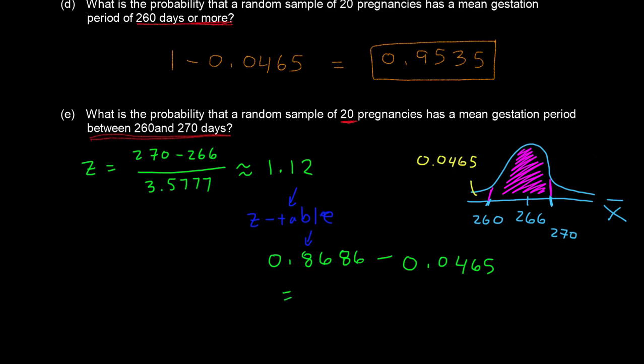So doing this subtraction, we get 0.8221. And that is our solution for the probability that in a random sample of 20 pregnancies, the mean gestation period is between 260 and 270 days.